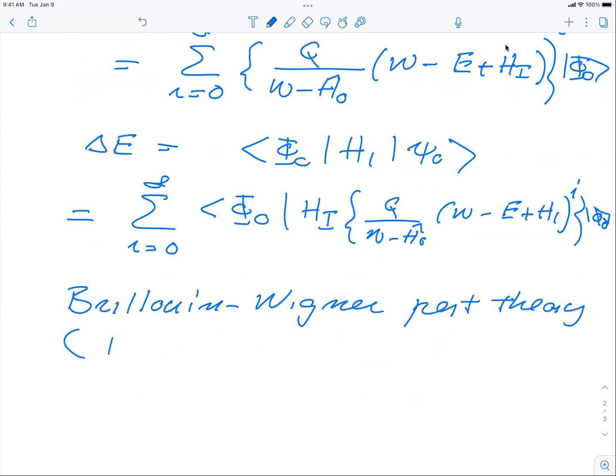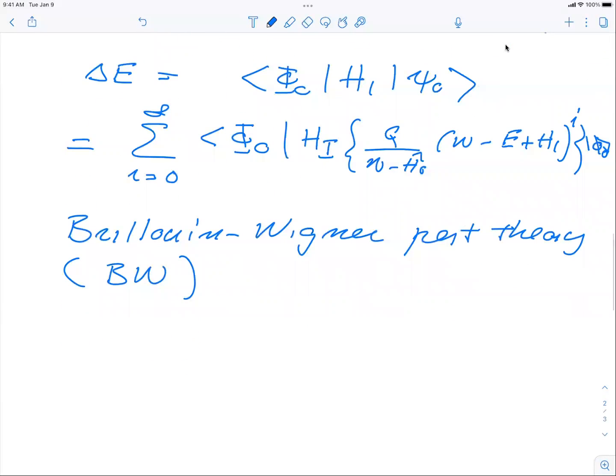This is normally written as BW. In this case, this parameter omega is given by the exact energy. So when you look at these quantities, we have an expansion in the exact energy, which is clearly not a desirable quantity.